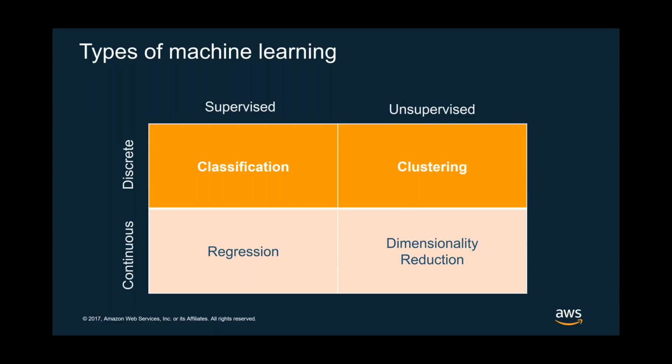There are really two kinds generally of data, discrete and continuous. With discrete data, you have some idea of classification in terms of categories, days of the week, for example, cats and dogs.